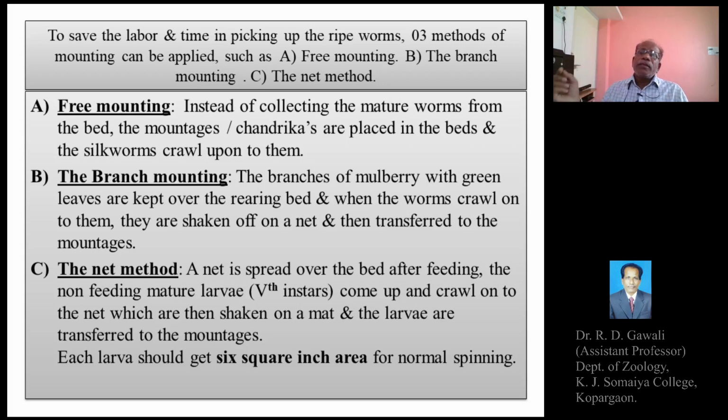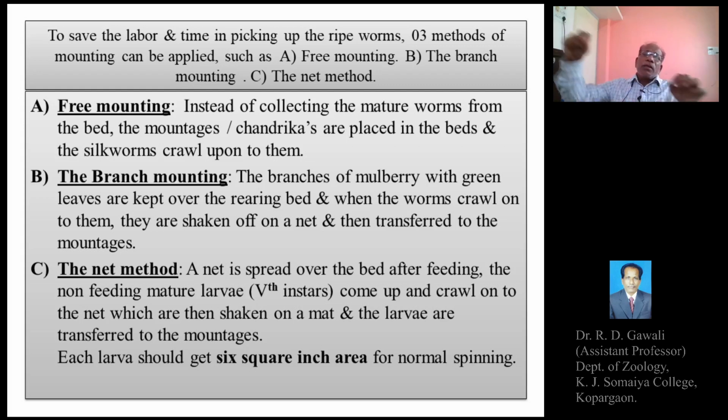While spinning, there is a continuous and uniform release of the substance of the silk or the saliva from the reservoir of the modified salivary glands, that is the silk glands of the fifth instar larva, and that will provide a continuous supply of the substance of the silk through the spinneret, and that will form the silk thread around the body of the silkworm larva with a length of about 500 meter, or in certain strains the silk thread obtained from the cocoon is about 1000 meter, or even 1500 meter length silk thread can also be obtained in certain varieties of the silk moth Bombyx mori.